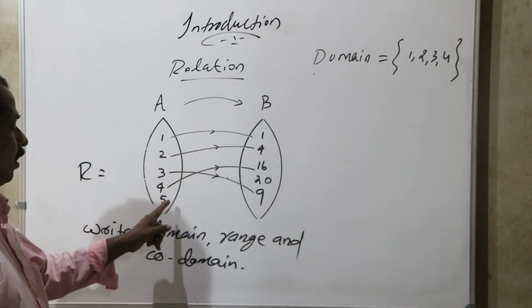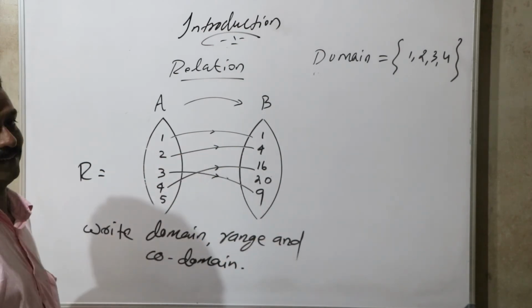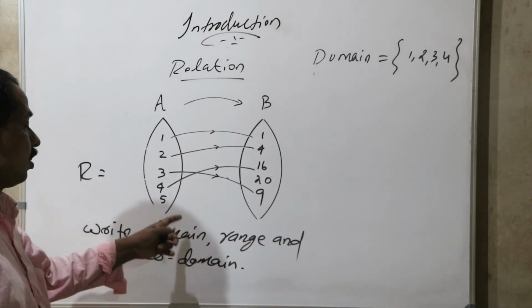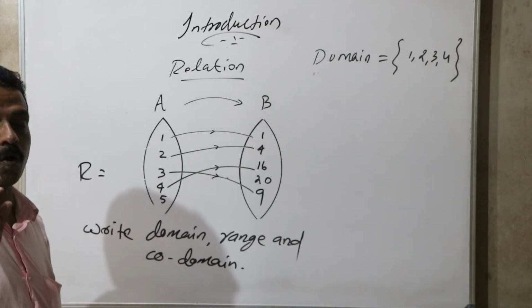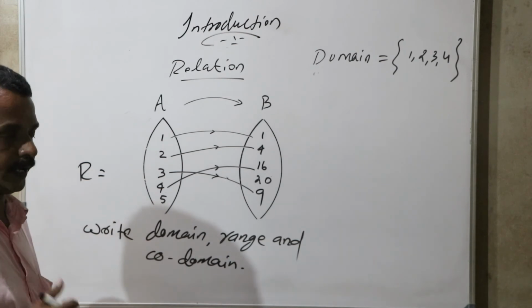Why? 5 has no pair, no image, so 5 is not included in the domain of the relation.